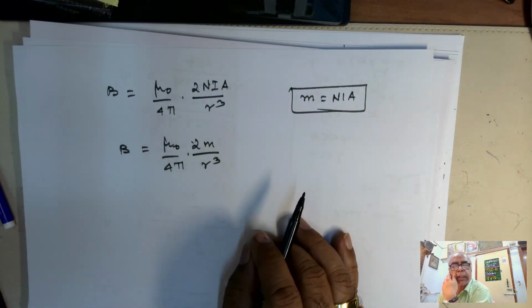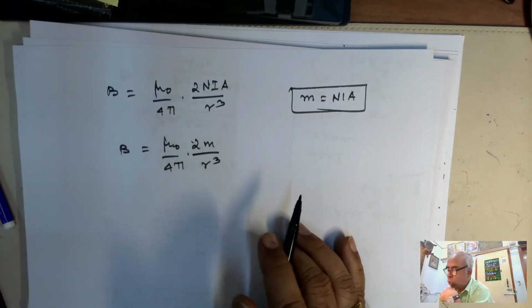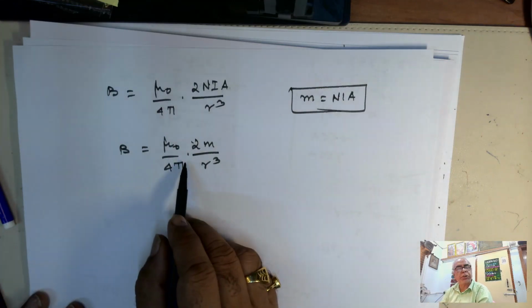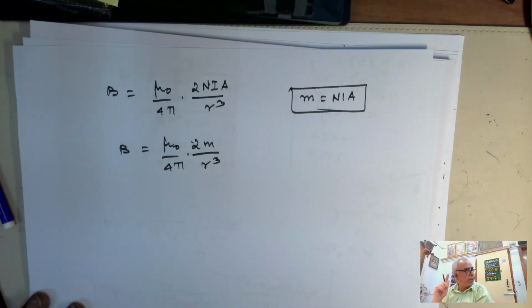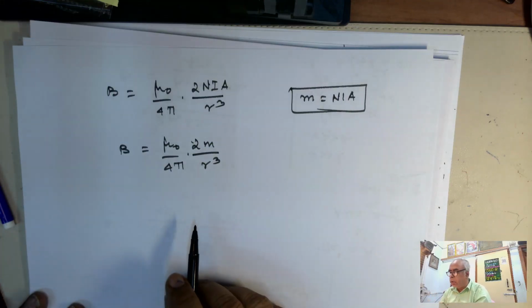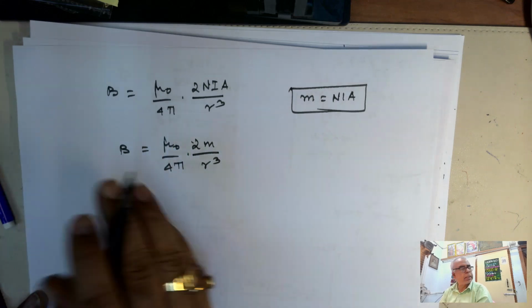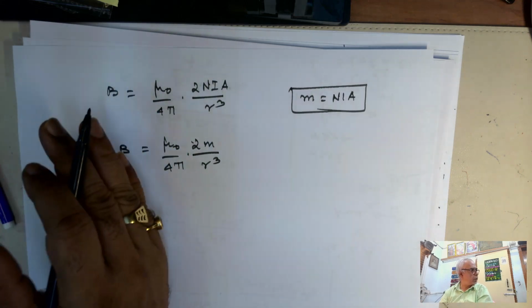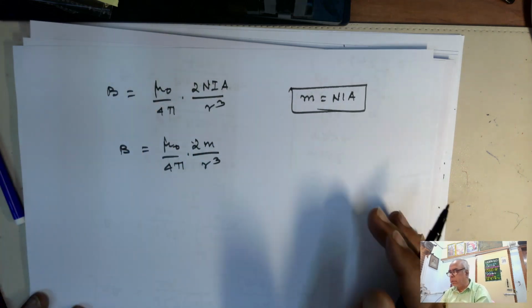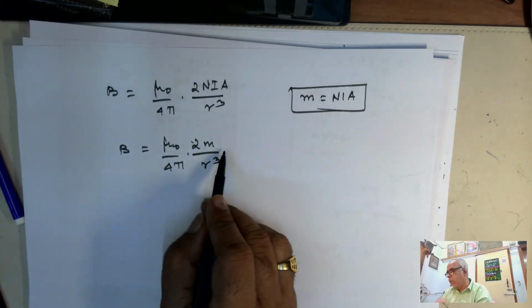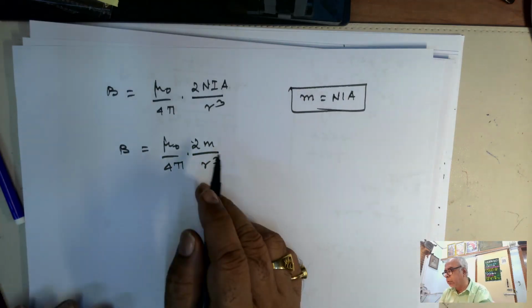Because it depends on the current in this case. So this is also the same expression for magnetic field due to a bar magnet that you can find out. Now we want to maintain mu 0 by 4 pi as a constant. You have got already 2m divided by r cube.